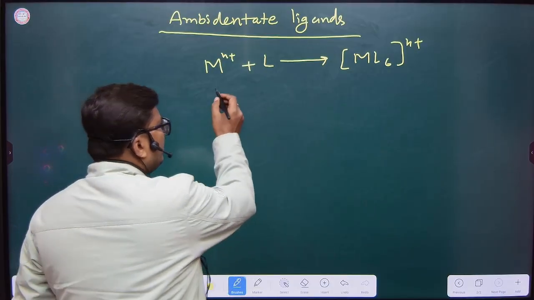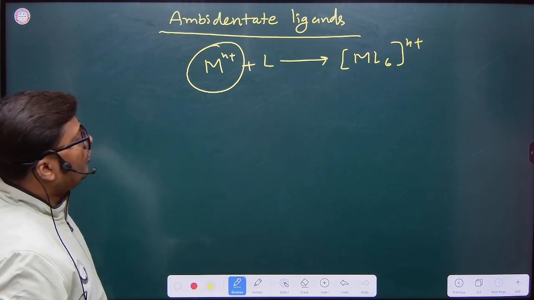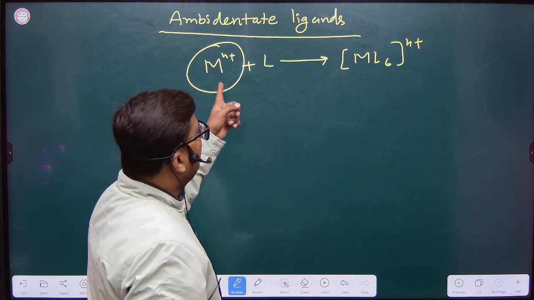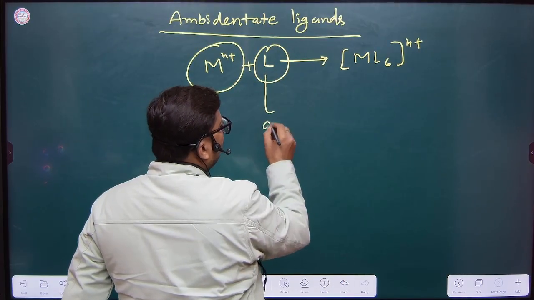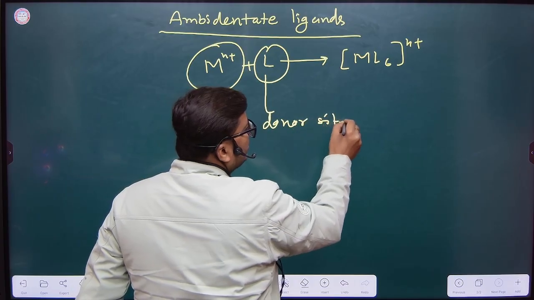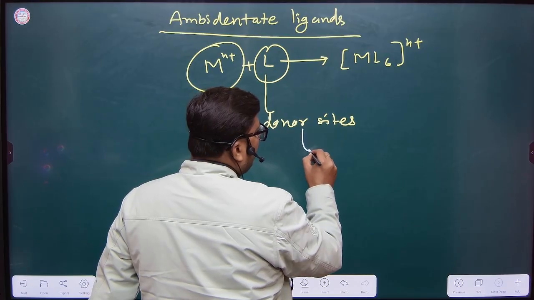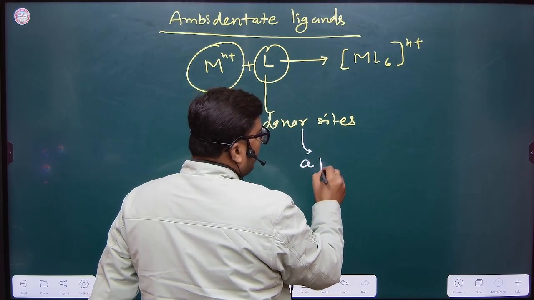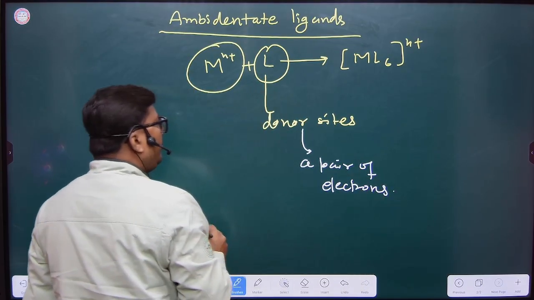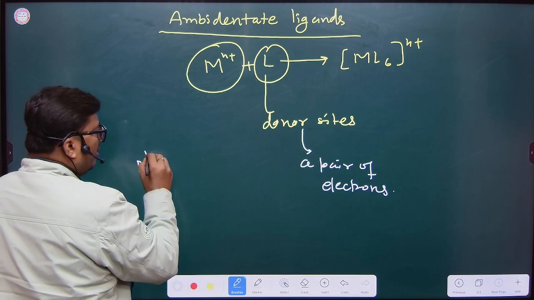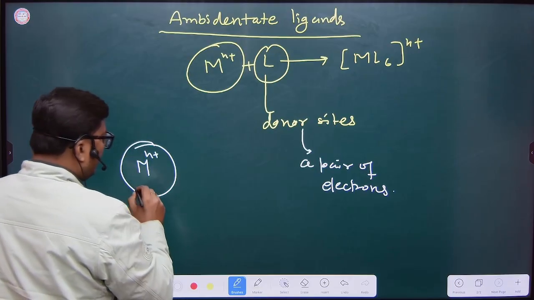Here we have taken a metal ion in a particular oxidation state that forms complexes with this ligand L. This ligand has donor sites, which means it can donate a pair of electrons. The metal M N plus is an electron deficient species, which we call a Lewis acid.